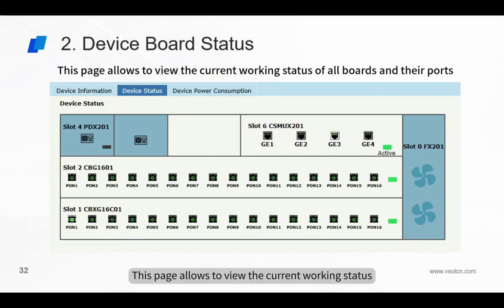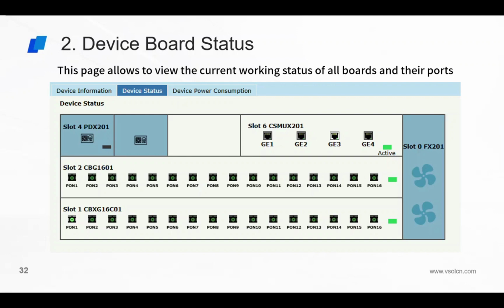This page allows you to view the current working status of all boards and their ports. Graphic icons and web pages can provide a faster and clearer understanding of the current status of the board and each port.